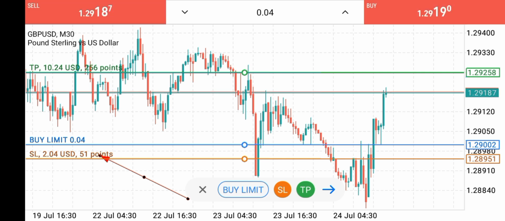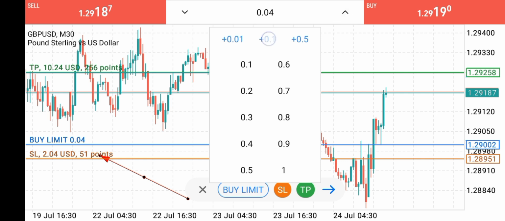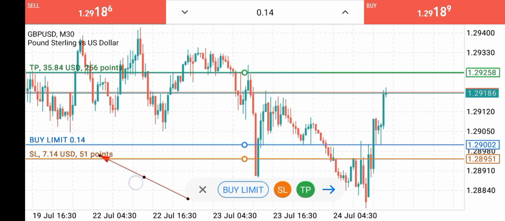You cannot compare yourself with other persons that have, for example, a $50 account size, a $50 capital. Those kinds of persons would be using a higher lot size, because they can probably use 0.14 lot size. When they use 0.14 lot size, as you can see, the risk has changed.